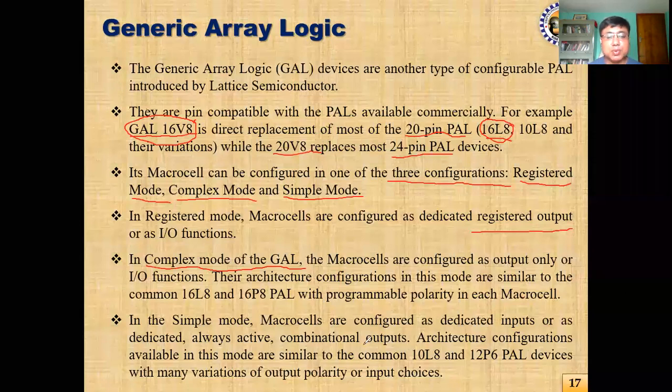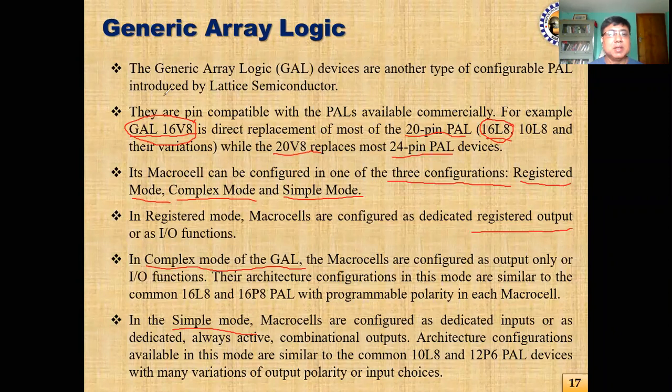And in the simple mode, macro cells are configured as dedicated input or as dedicated always active combinational output. So you can use them as combinational output in simple mode. Okay. So architecture configurations available in this mode are similar to the common 10L8 or 12P8 PAL devices with many variations of output polarity or input choices.